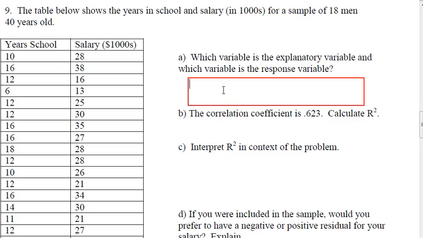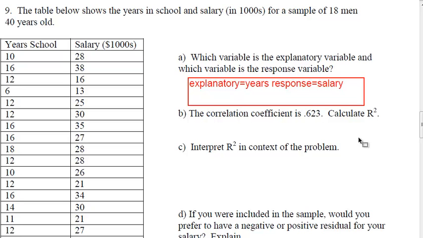It depends on the explanatory variable. And so years in school would come before you made the big money. So years in school would explain your salary in some sense. So the explanatory variable is years, and the response variable is salary. Okay, so the amount that you make is explained by the number of years you went to school.